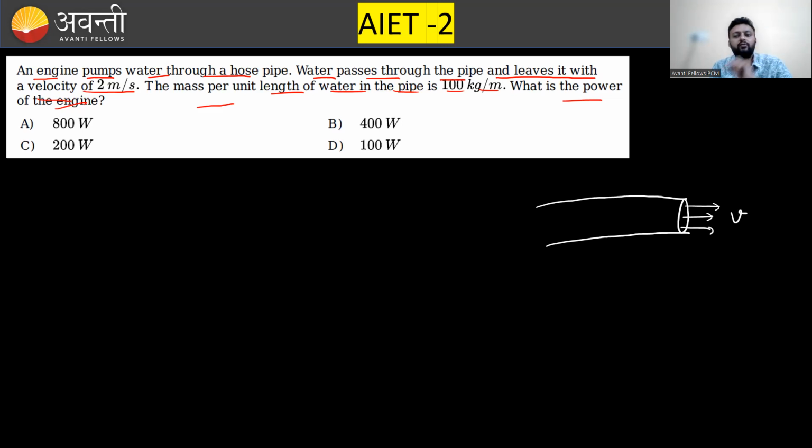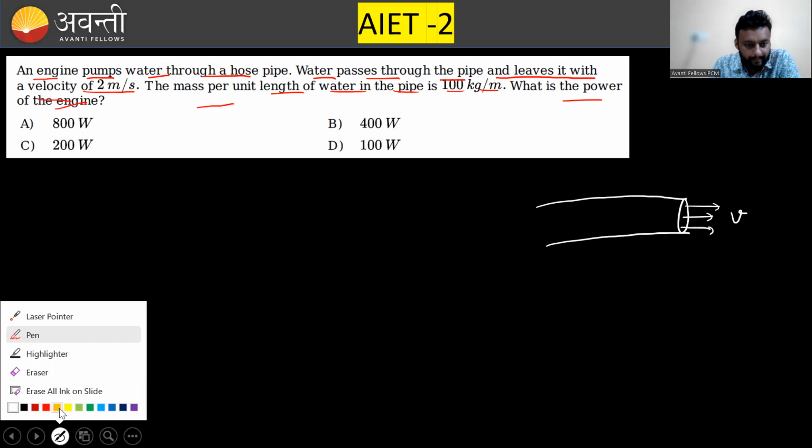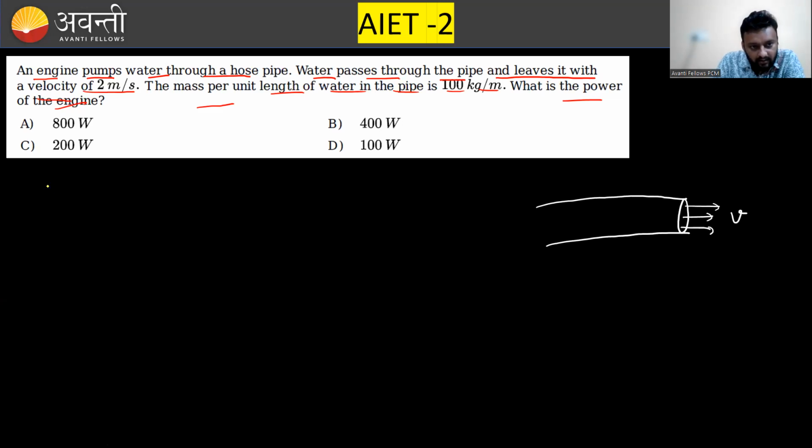Let's suppose v, and this velocity v is given as 2 meter per second. Clear? Now we need to find the power delivered by the engine. So we know that power delivered is F into V. Now we don't know the force. We know the velocity of the water coming out.